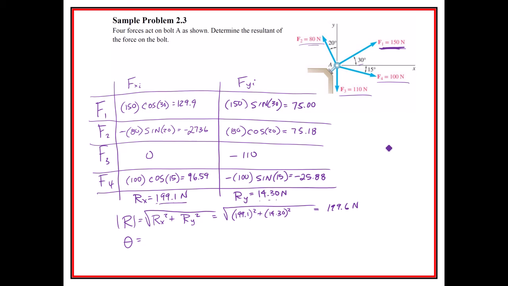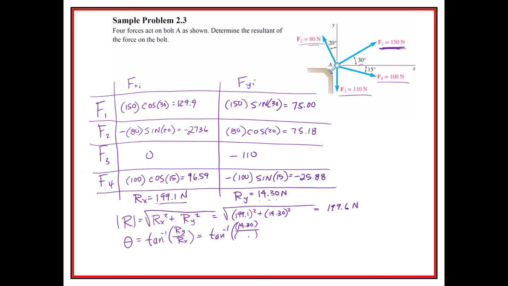And we notice that both of these are positive, right? So that does tell us it's going to be up and to the right, in the first quadrant. And so the inverse tan is going to be Ry over Rx, which is 14.30 over 199.1. That shows my handwriting, doesn't it?